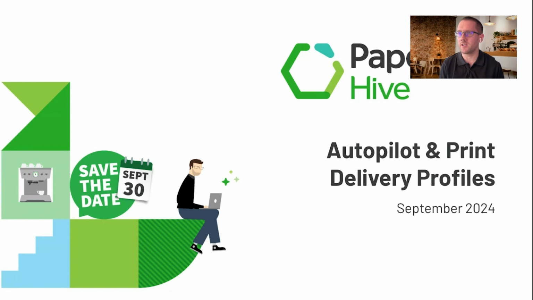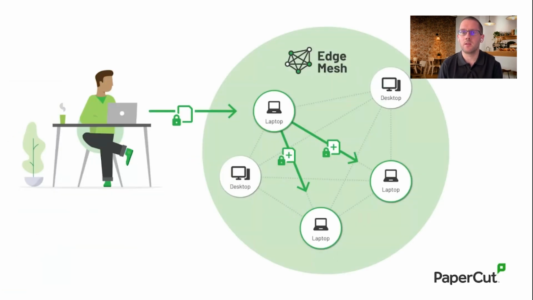If you've been working with Hive for a while, you'll know there are certain environments where we've been presented with a unique set of challenges when it comes to getting the job to the printer successfully every time. These changes we're making are designed to improve that and make it work out of the box for most customers, but give customers the flexibility if they need it.